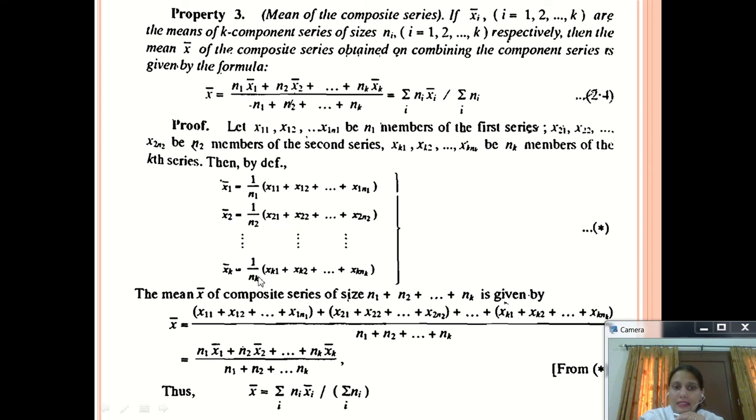In the last series we can put nk xk bar, divided by n1 plus n2 plus ... plus nk. So this is the formula of the arithmetic mean of a composite series when many series are given.